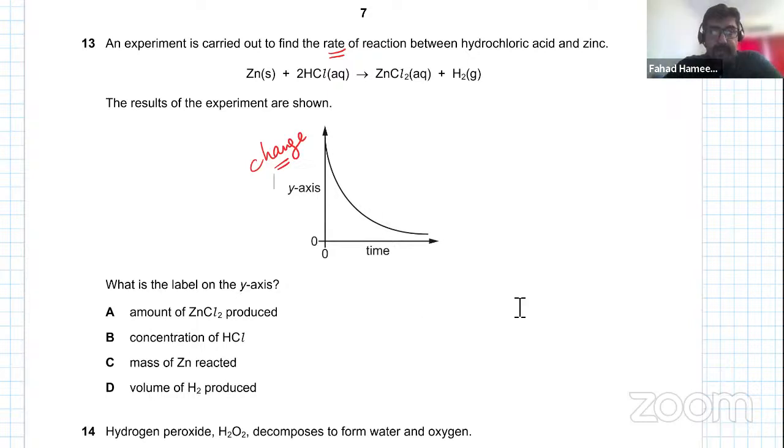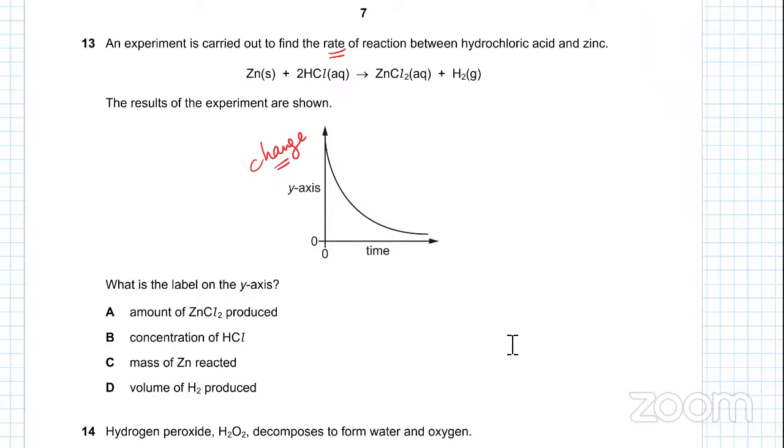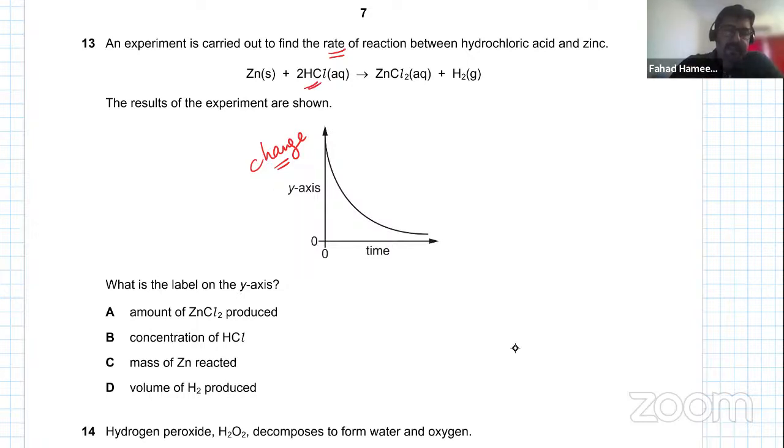That change could be increasing or decreasing. So what is this change? Concentration of HCl, because it's going to get used up and it will decrease. The rest would increase. The volume of H2 gas would increase. Mass of zinc?